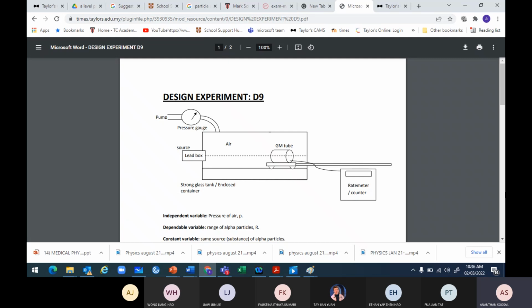So move the trolley and monitor the reading of the rate meter. Check the distance where for the first time the reading dropped to the background radiation. That distance is the range, that particular range.